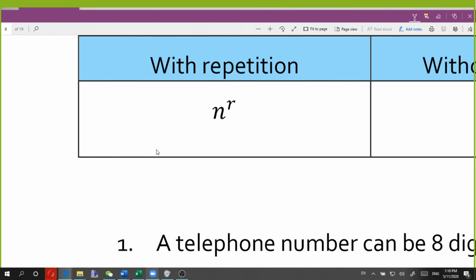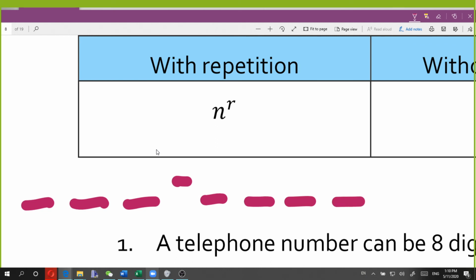So for instance, if you have a situation where order is important, then you can repeat your options. For instance, a telephone number. A telephone number typically has 7 digits in the US. Each one of those digits has 10 different options, 0 through 9.